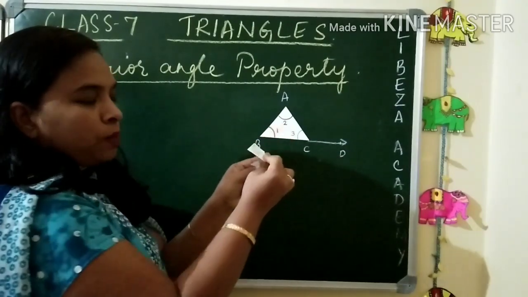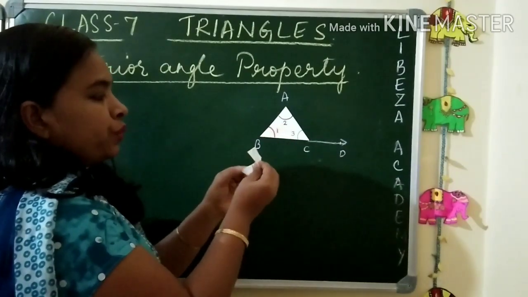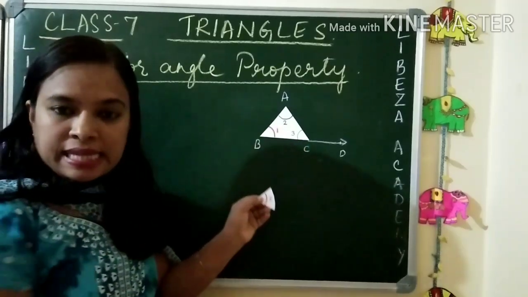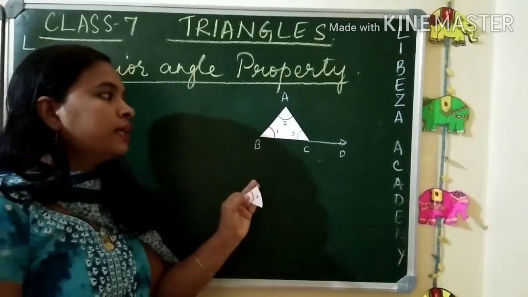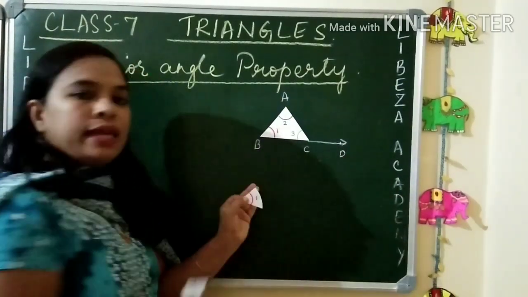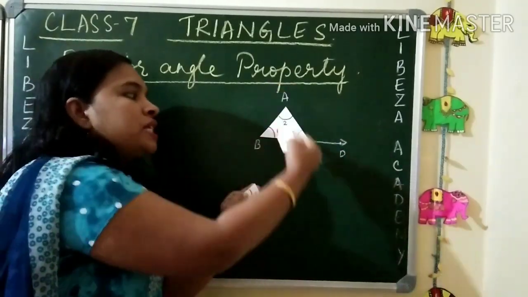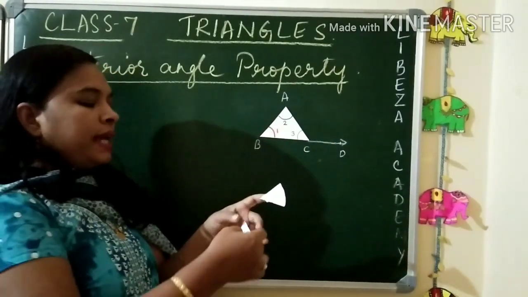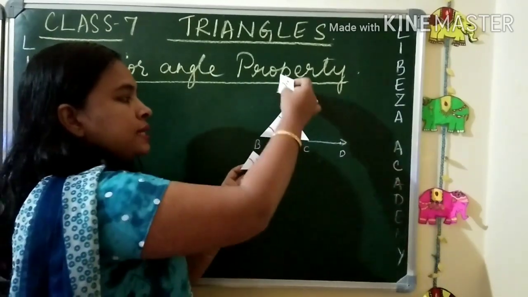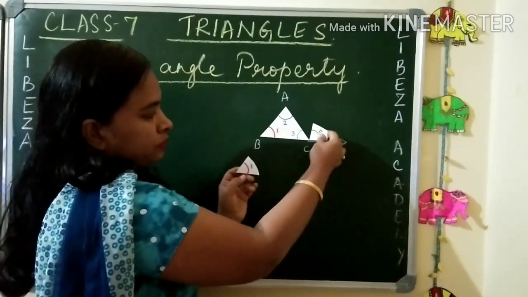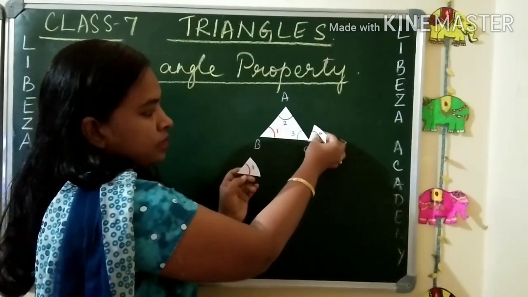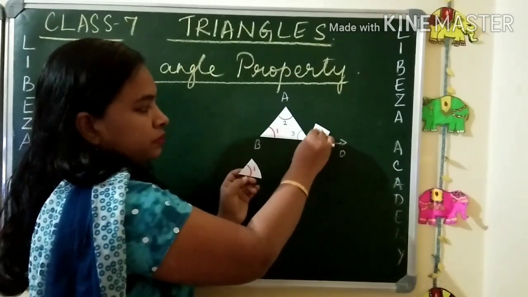After you cut the opposite angles, you have to place them on the exterior angle. Now ACD is the exterior angle, so we will place them beside ACB. Like this you can just paste it.